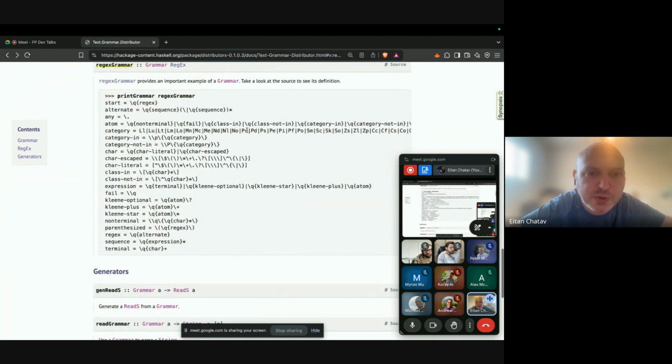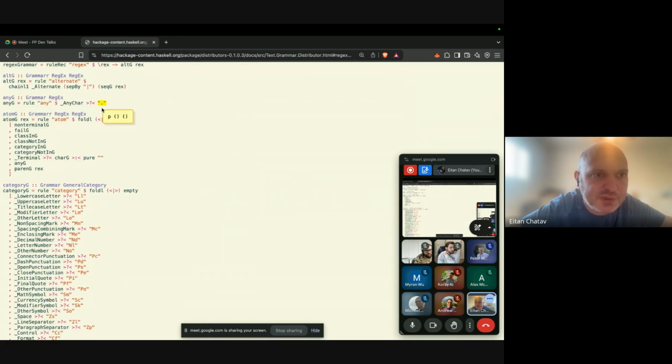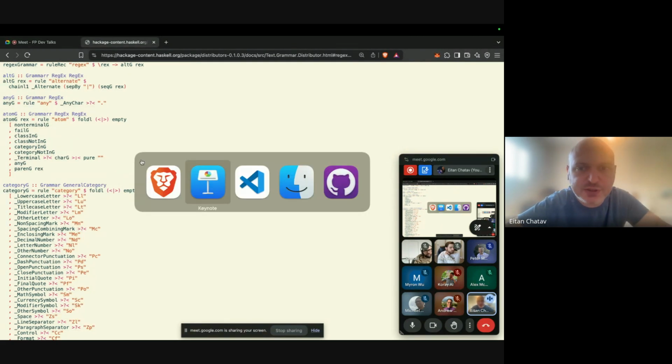Okay, so we were looking at the regex grammar, and, you know what, let's take a look instead at slightly newer code.